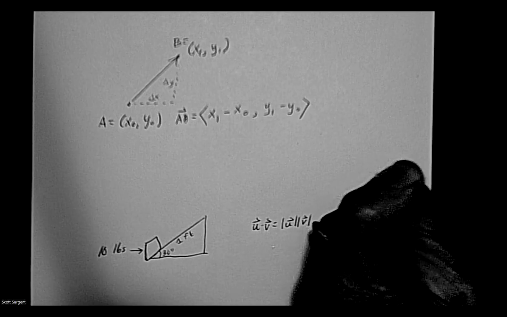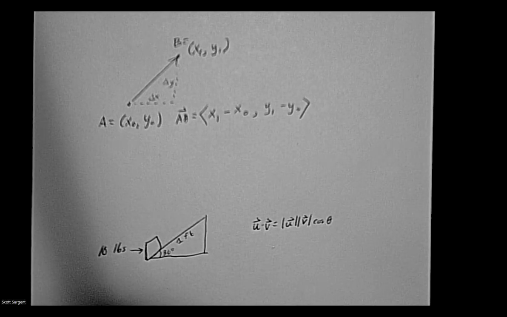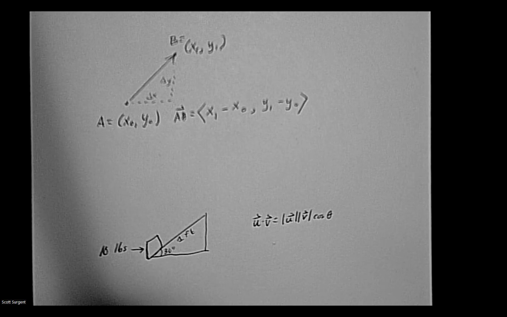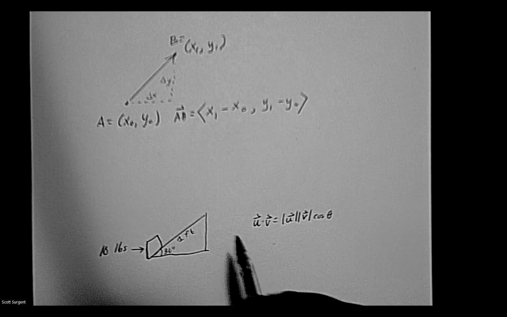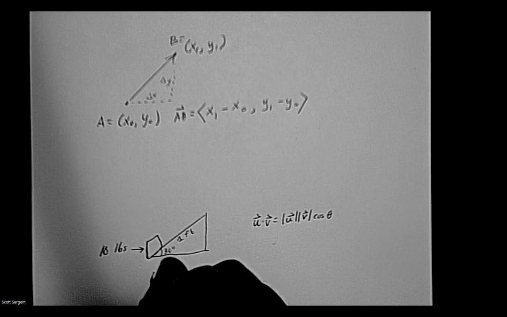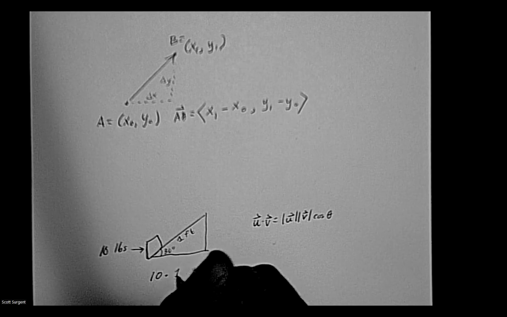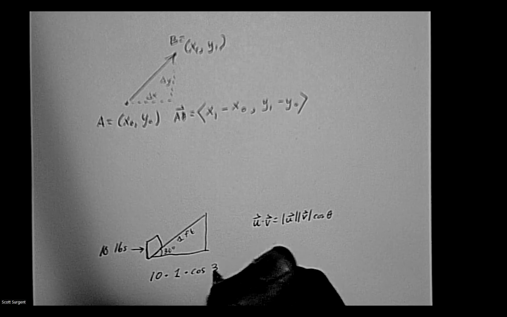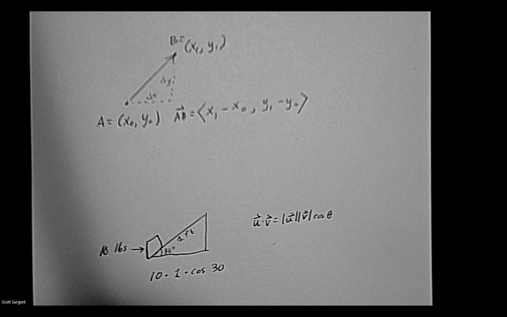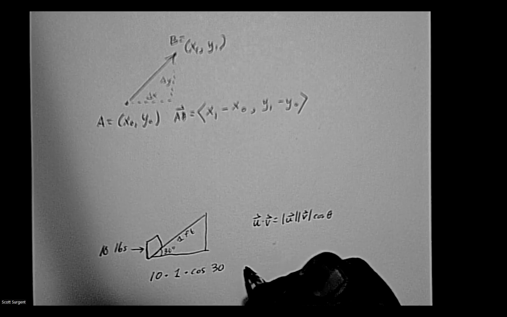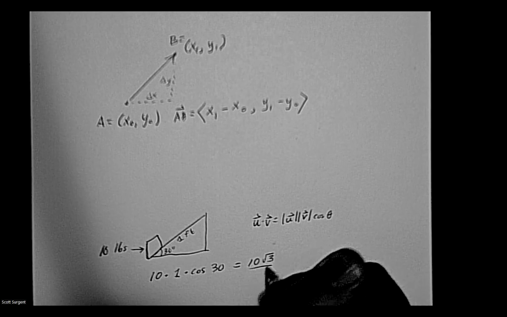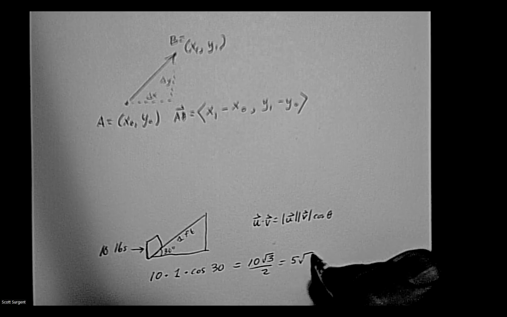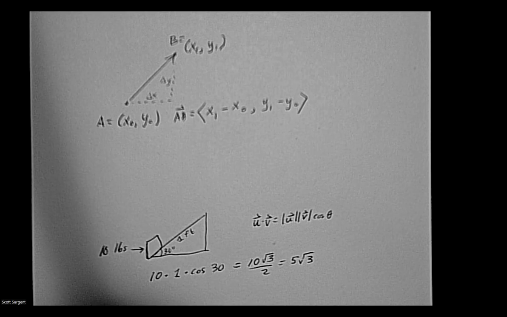This is one of the formulas. And so, in a sense, you can get away with doing this problem right here. You're doing 10 pounds, so 10 times 1 times cos 30, which should be root 2 over 2. No, I'm sorry, root 3 over 2. There should be 5 root 3. Let me get my calculator here.